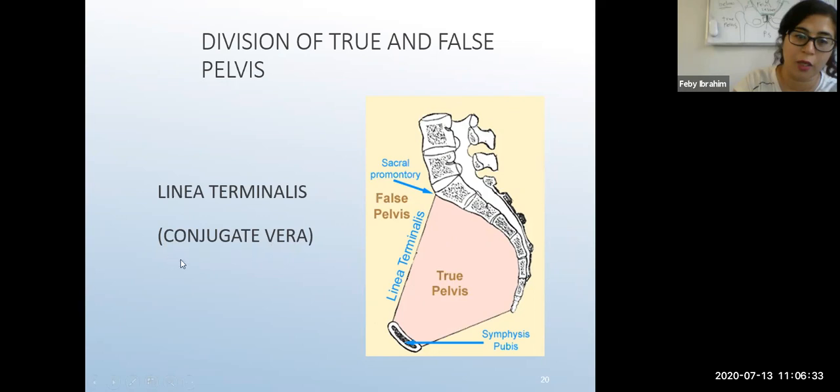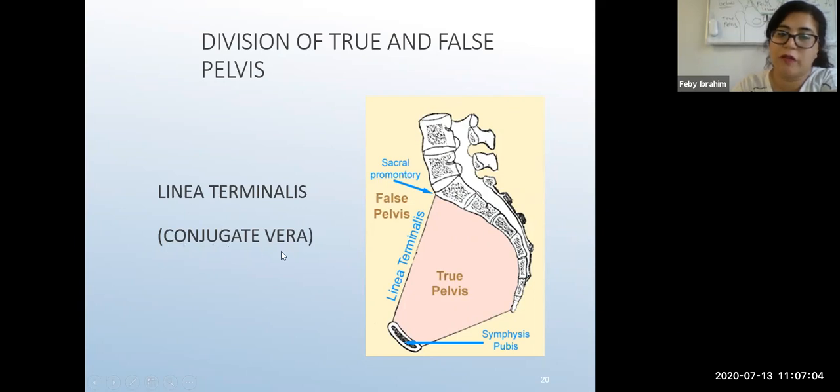The term that is written here in your slide, the conjugate vera, is a measurement. It's not another name for the linea terminalis. It's a measurement we measure between the sacral promontory, which is the superior margin of the sacrum, and the superior margin of the pubic symphysis.